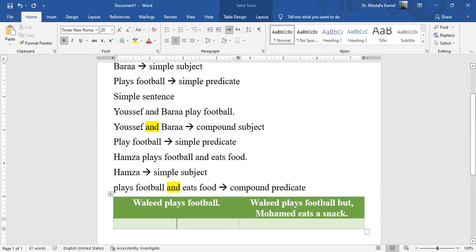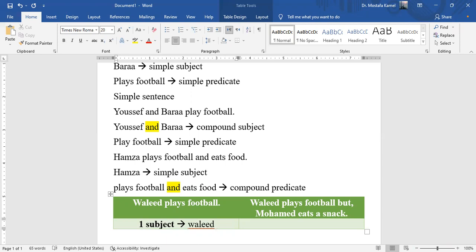Here, Walid, how many subjects are in this sentence? We have Walid and football. How many subjects? Is football a subject? Are you sure? No. So we have one subject, that is Walid, right?